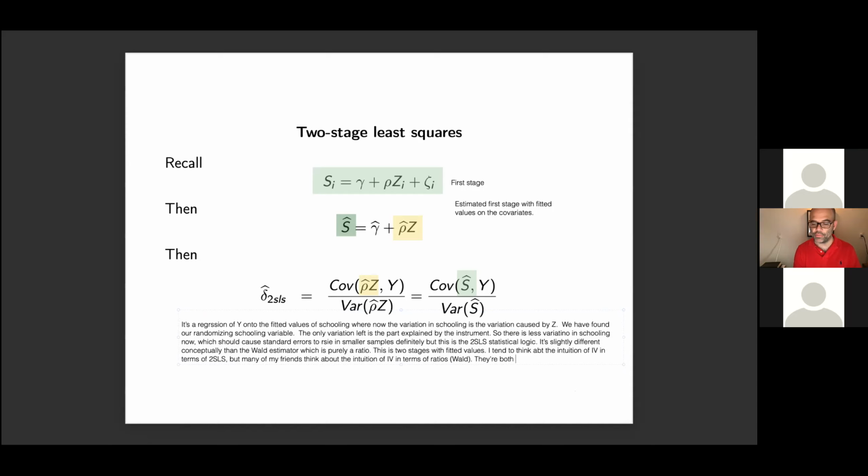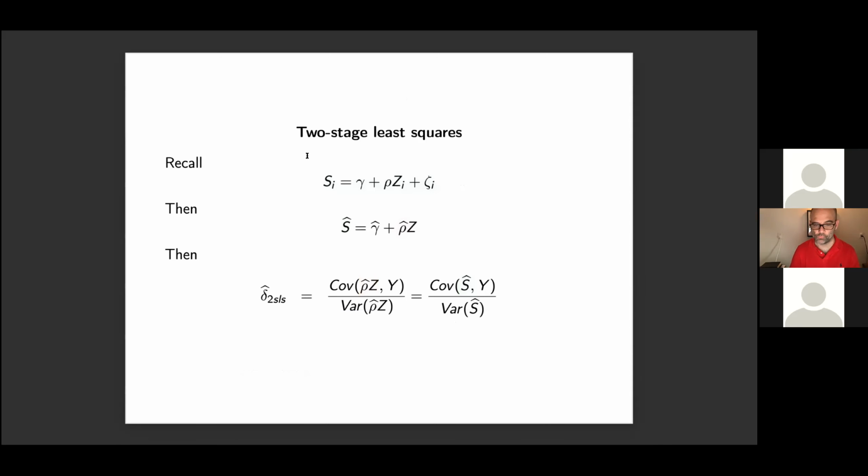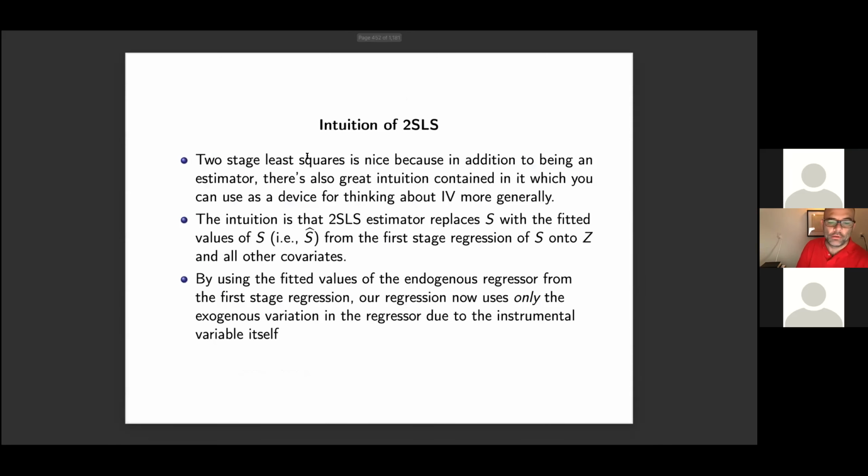They're both the same, right? We started with the ratio to get the two-stage least squares estimator. So they're not different, but we often use either of those intuitively to better explain IV estimation to our brains and others. Okay, that's all I'm trying to say. There's the proof.